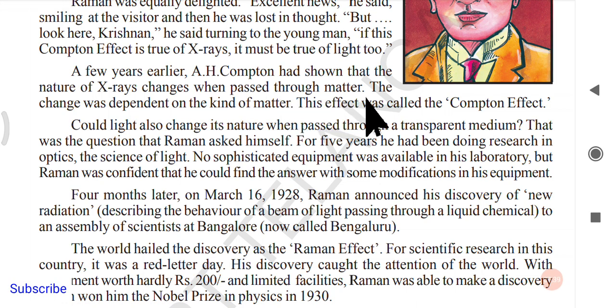For example, there is an X-ray, and everybody knows X-rays. What did A.H. Compton do? He did experiments on X-rays. He showed that when the ray of an X-ray passes through or falls on some object, here matter means object, it changes its nature. Most people undergo X-rays whenever they have fractures and so on.